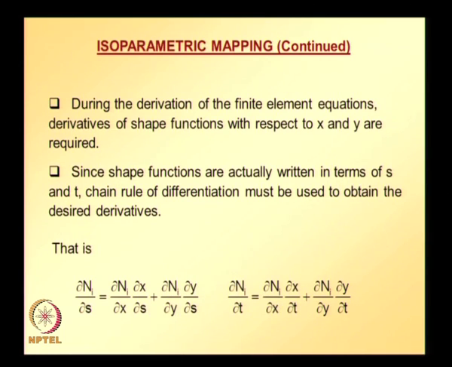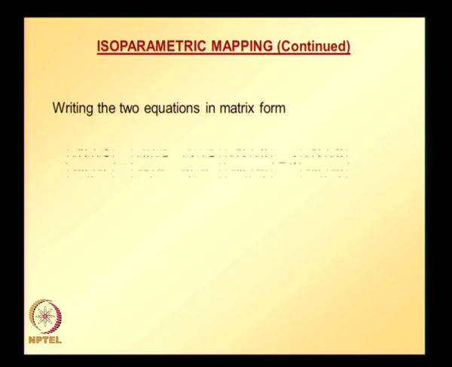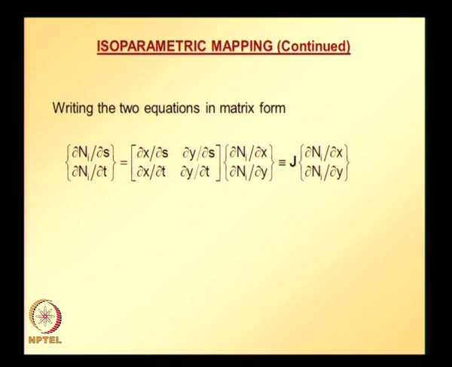These two equations can be put in matrix and vector form. Writing the two equations in matrix form, we get this, where a new quantity, which you are already familiar with, is called the Jacobian.